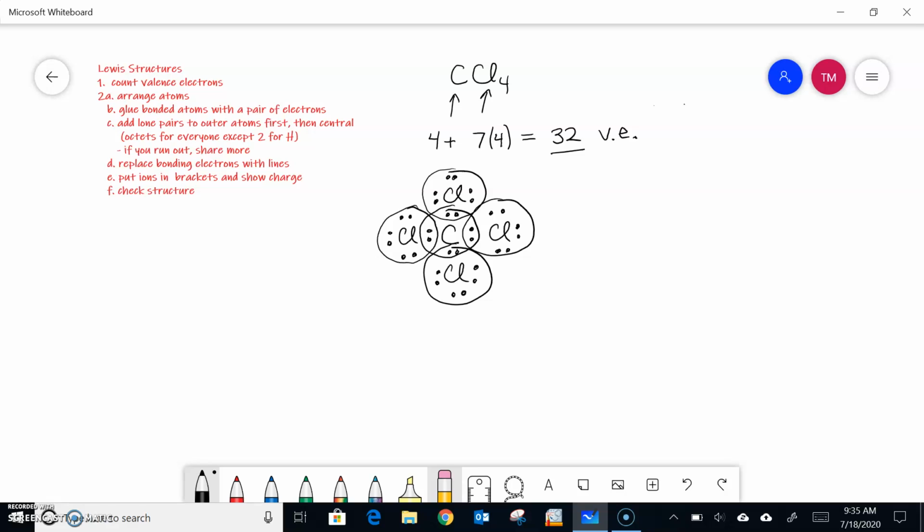Okay, so this looks good. What we're just going to do now is convert all of our bonding electrons to lines to emphasize what's being glued together. So we have our carbon in the middle, the 4 chlorine atoms bonded to it. And then we do want to show all of the lone pairs still as dots. So we'll fill those in.